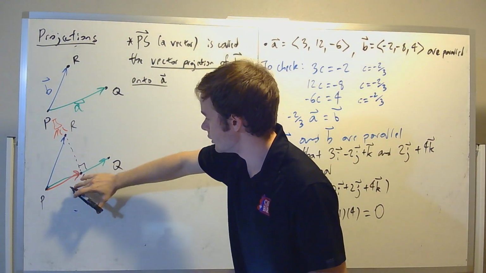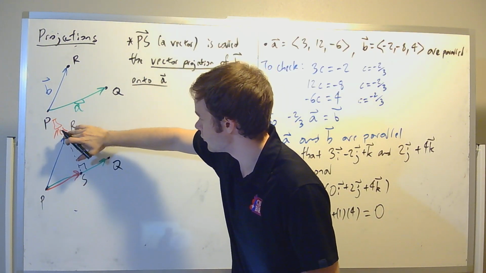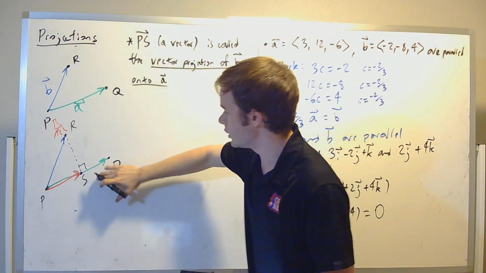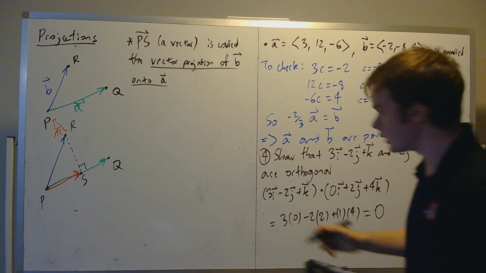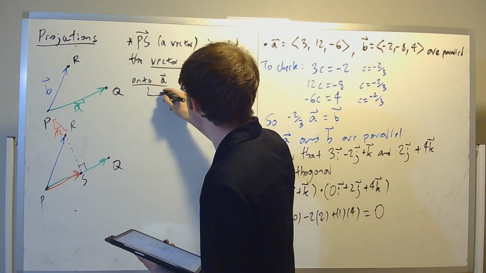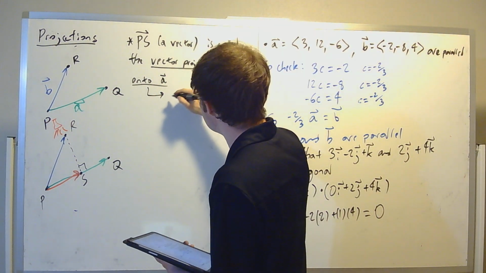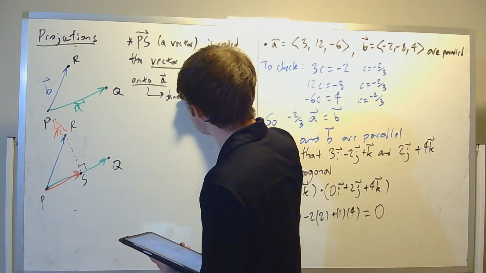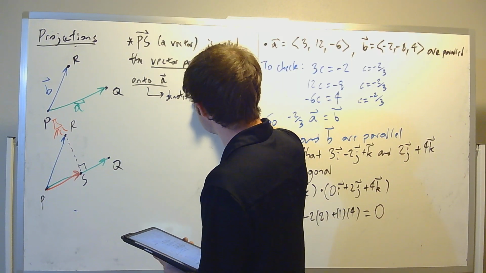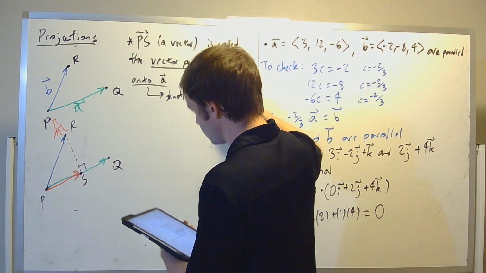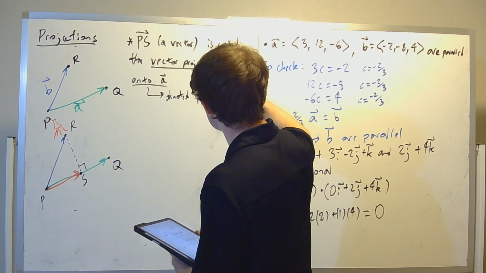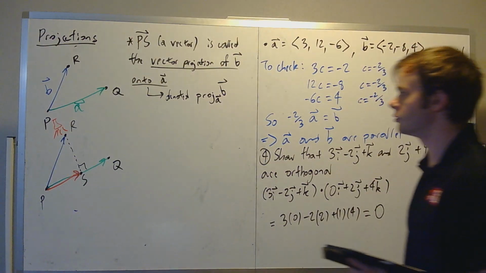We just shone a light from here down to here, and the shadow that it cast, that was the projection. And we'll denote this, so this is the projection of B onto A. That's the way we denote it.